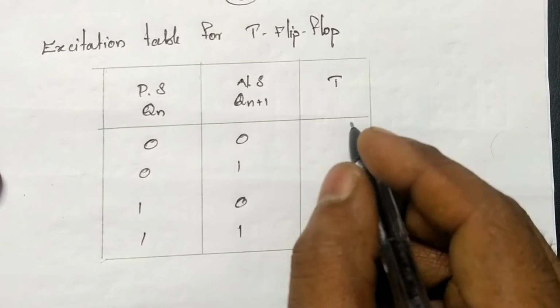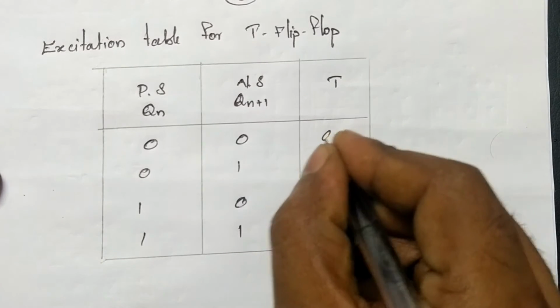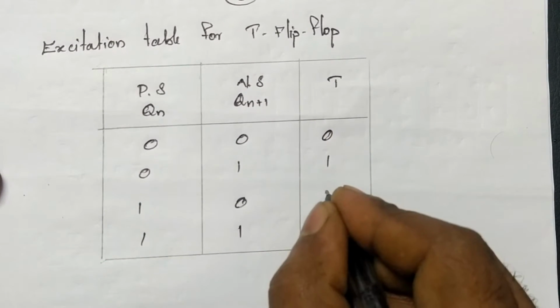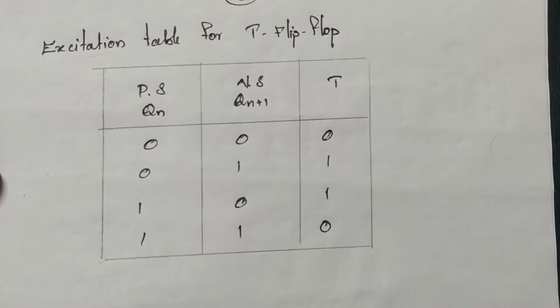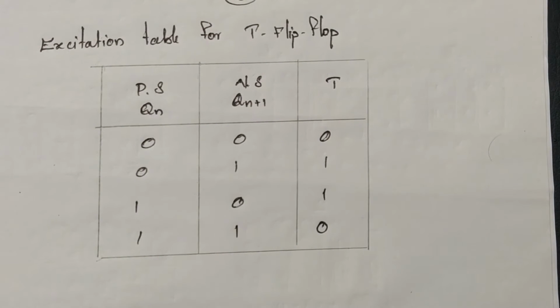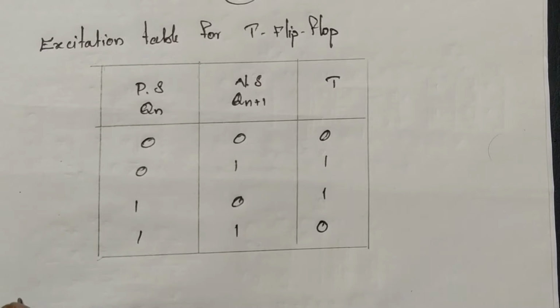Respective T value is 0, 1, 1, 0. This is the excitation table for T flip-flop. Next we need to go for the state table.